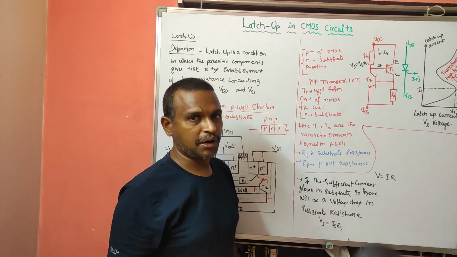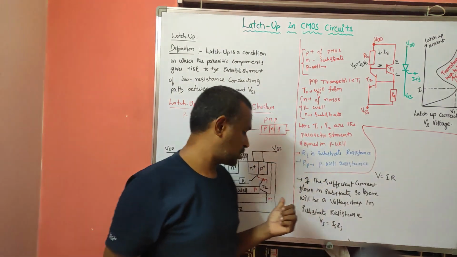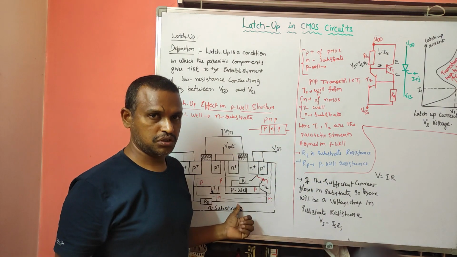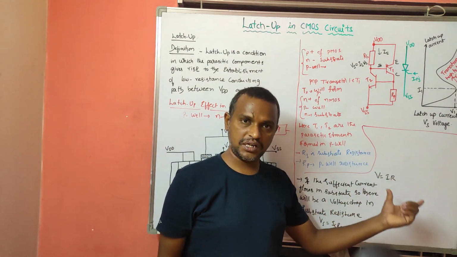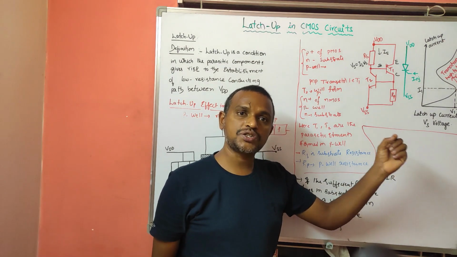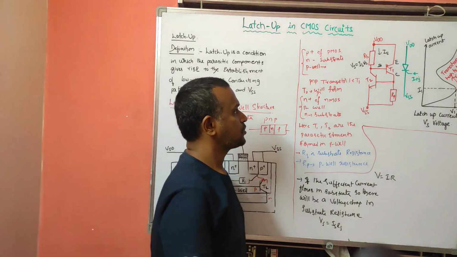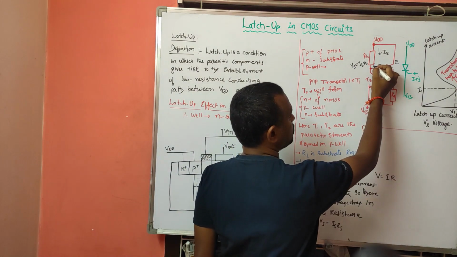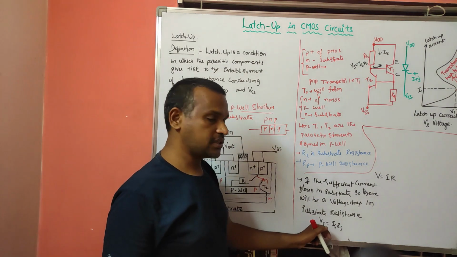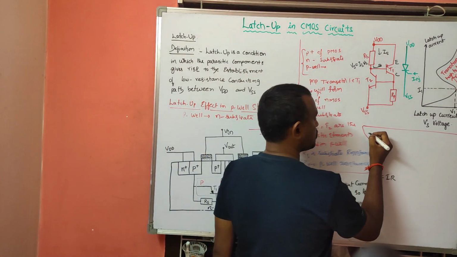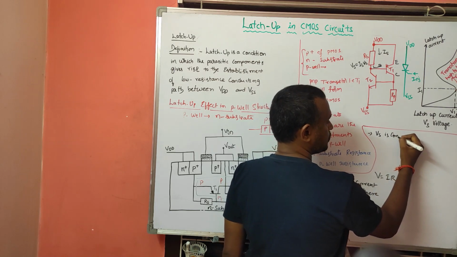So if sufficient current is flowing through the substrate, there will be a voltage drop across the substrate resistance, and that voltage drop is connected to the base of the transistor T1.